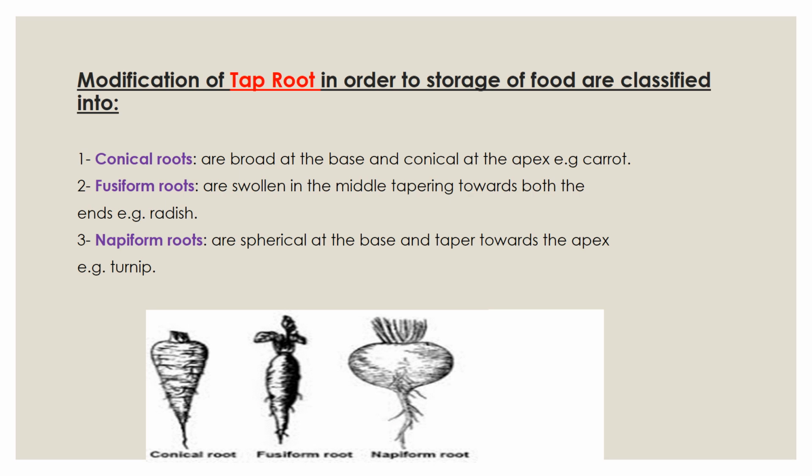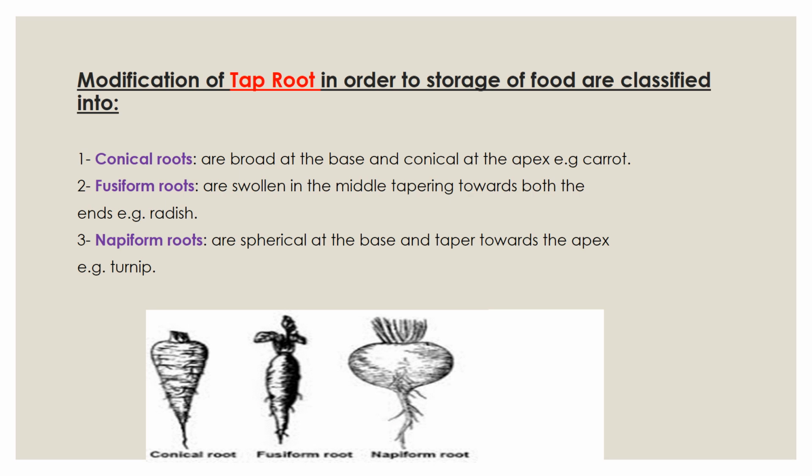It's a carrot, for example. The morphology of this root is broad at the base and conical at the apex, as in the picture below.